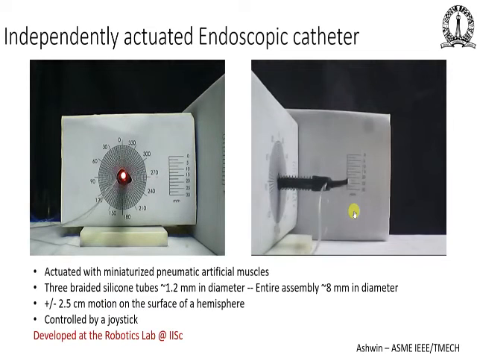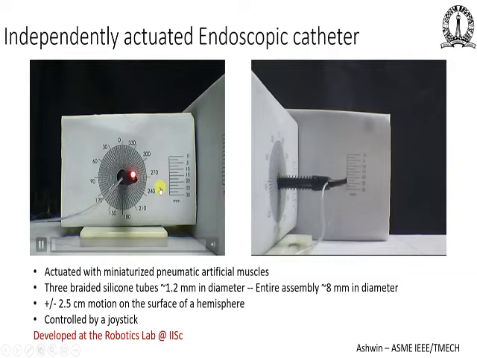The last video which I'm going to show you is a flexible manipulator. These are two side-by-side videos of an independently actuated endoscopic catheter. We will see what an endoscopic catheter is also.